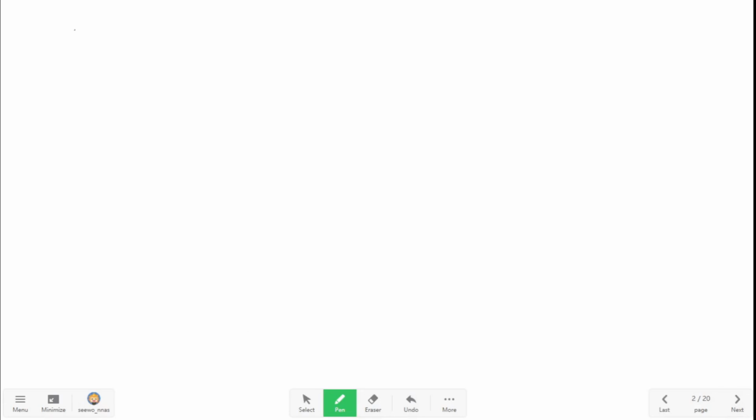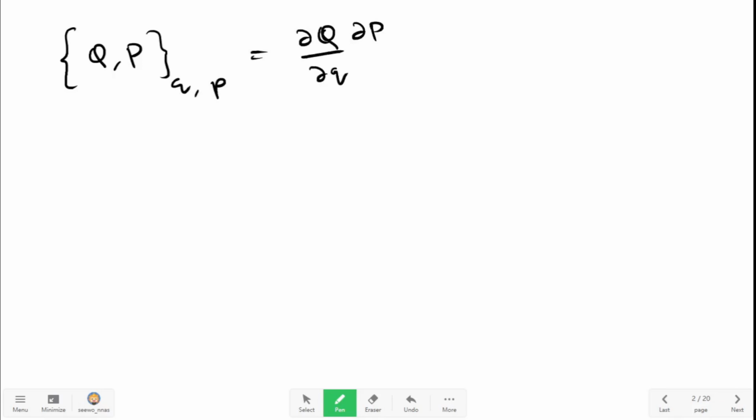Let us find Poisson bracket of capital Q capital P with respect to small q small p. This is equal to del Q del q, del P del p, minus del Q del p, del P del q.